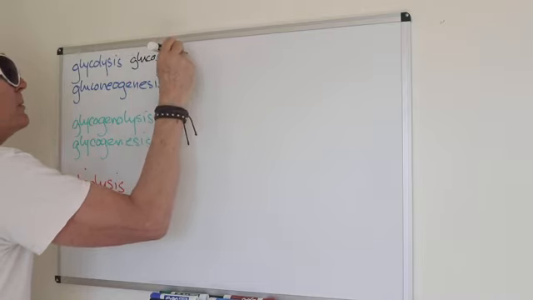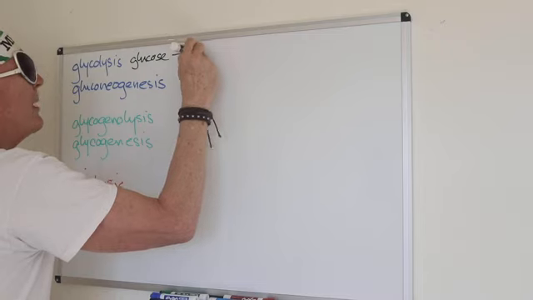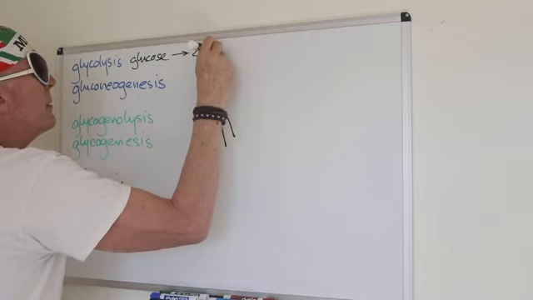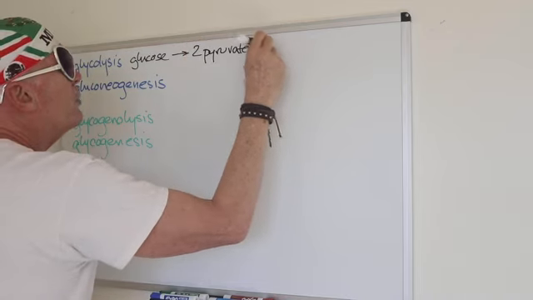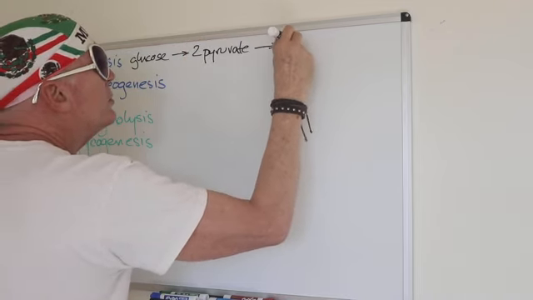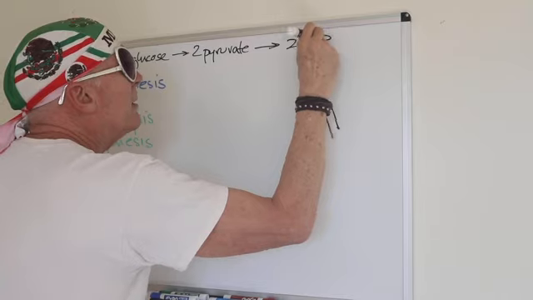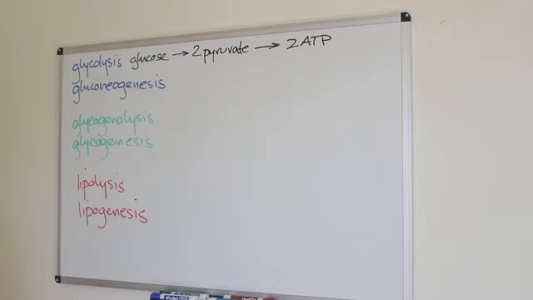and we turn that into 2 pyruvates. And from there, 2 pyruvates, we go into 2 ATP. All right? We use glucose to make ATP. That's glycolysis.